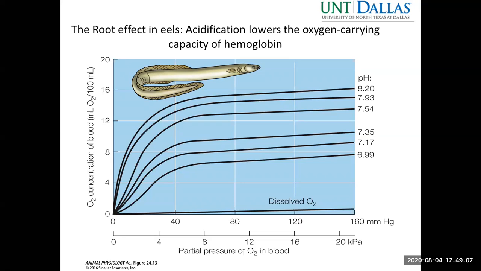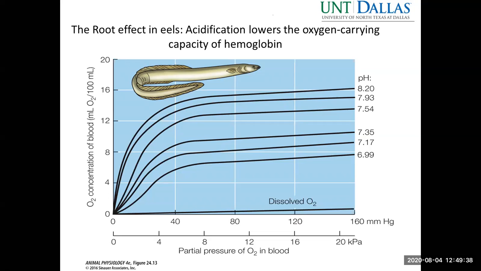The root effect provides a mechanism by which the oxygen partial pressure of even well-oxygenated blood can be dramatically increased under the control of blood pH. To see this, consider the hemoglobin in the blood of eels. When it is fully loaded with oxygen, here in this figure you can see at a pH of 7.54, the hemoglobin is chemically combined with about 12.6 ml of oxygen per 100 ml of blood.